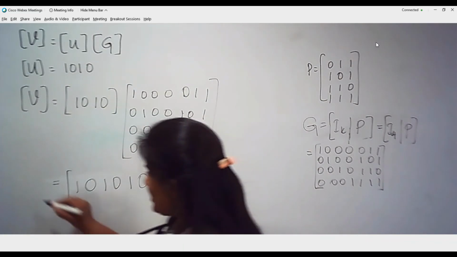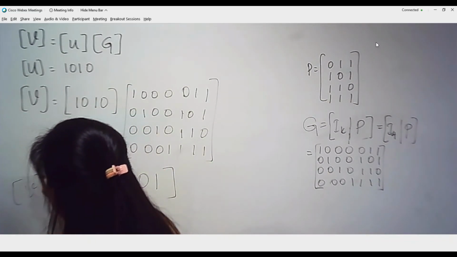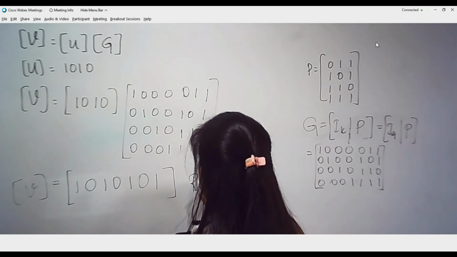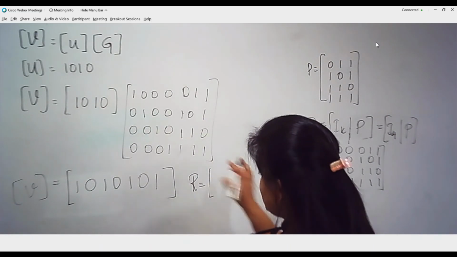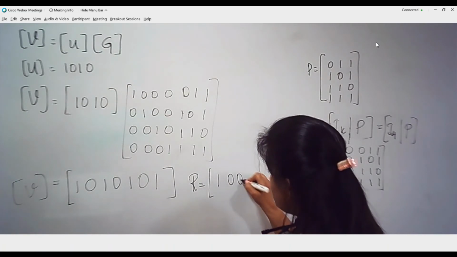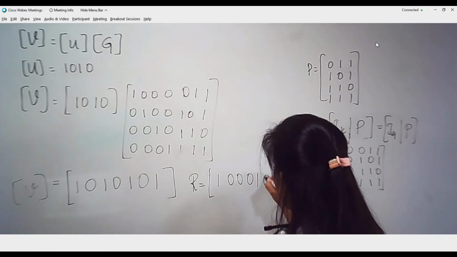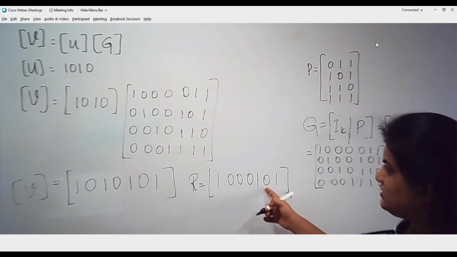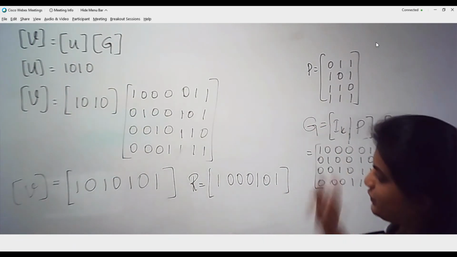Now assume that I have transmitted this over the channel. I have received a vector R with the bits 1 0 0 0 1 0 1. If you find the syndrome for this, what would you get?